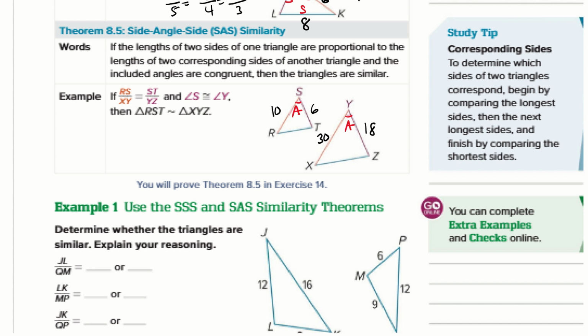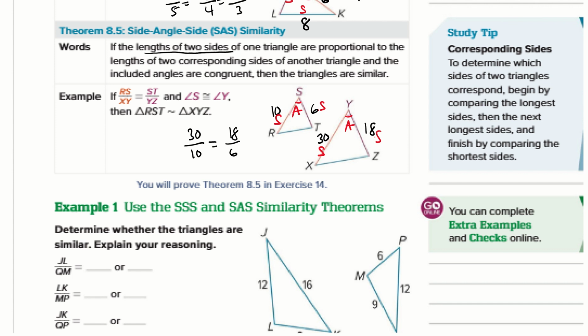Well, then 30 divided by 10, if I match those two sides, is 3. And then 18 divided by 6 is also 3, right? So these are both the same. And therefore, these are proportional, and these are proportional. And so we got SAS, SAS. And so therefore, the two triangles must be similar by SAS similarity.